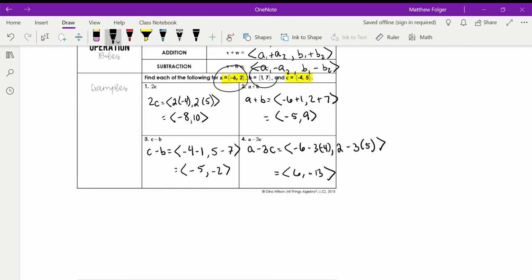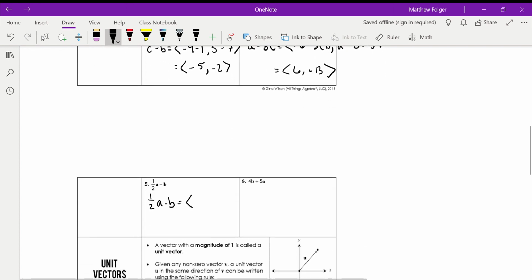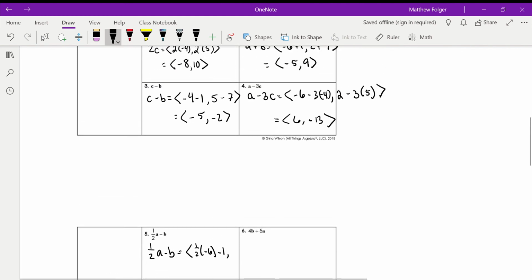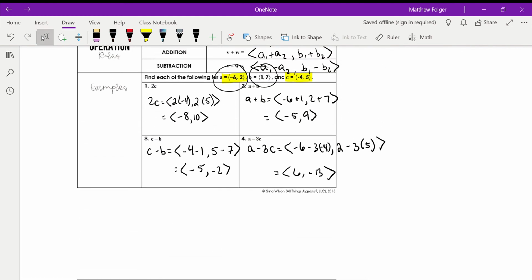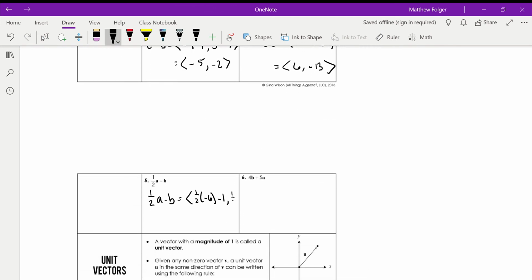So 1/2 -6 minus 1, comma, and do it for the second values. 1/2 2 minus 7. Now if you're wondering where these are coming from, just look at the points that are on the previous page. So 1/2 times -6 is -3 minus 1 is -4. This is going to be 1 minus 7, which is -6.